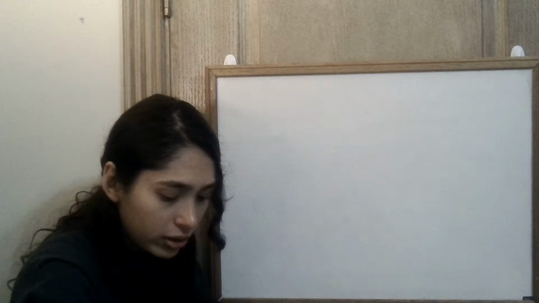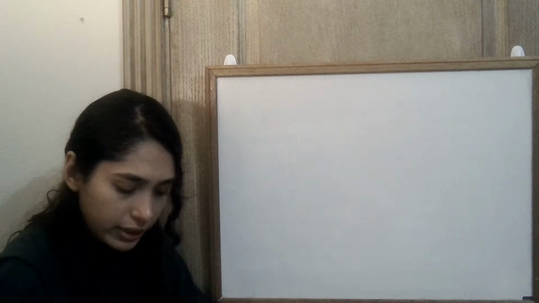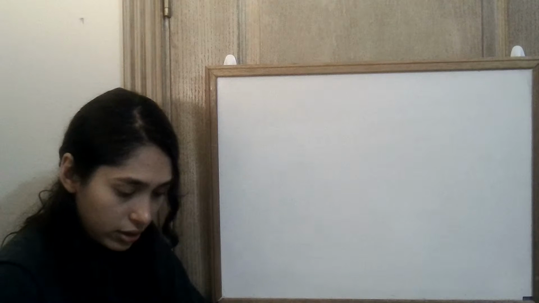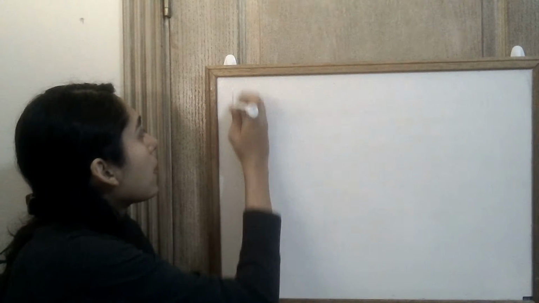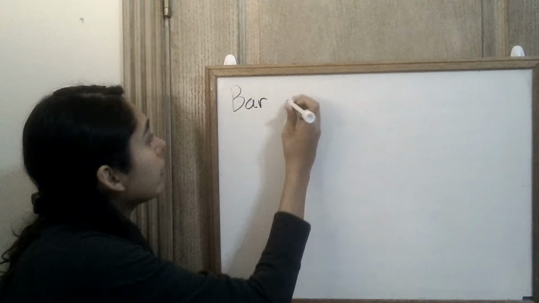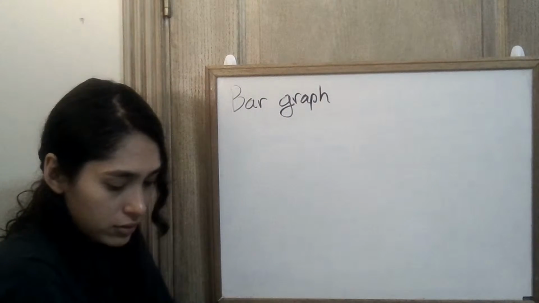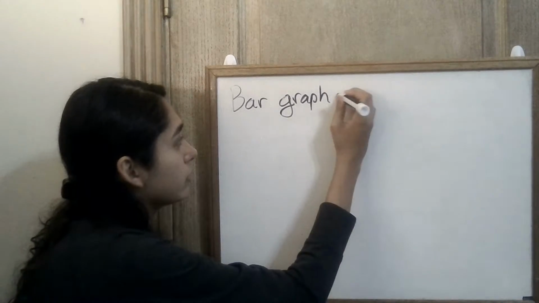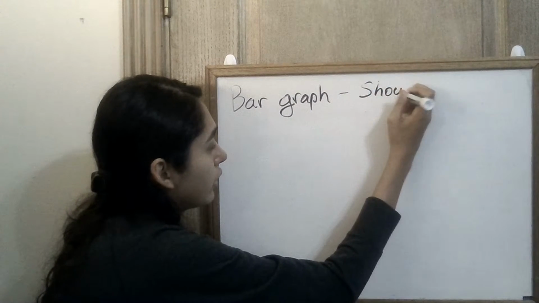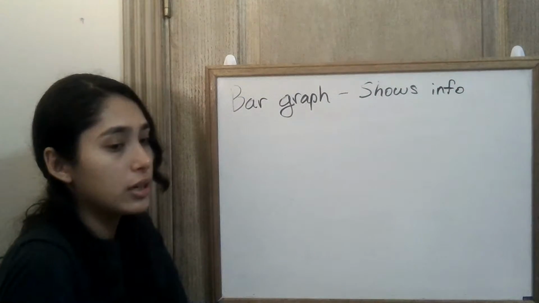So we're talking about bar and line graphs. So let me go ahead and give the information. Definition, bar graph. So it shows information. Alright, easy enough.